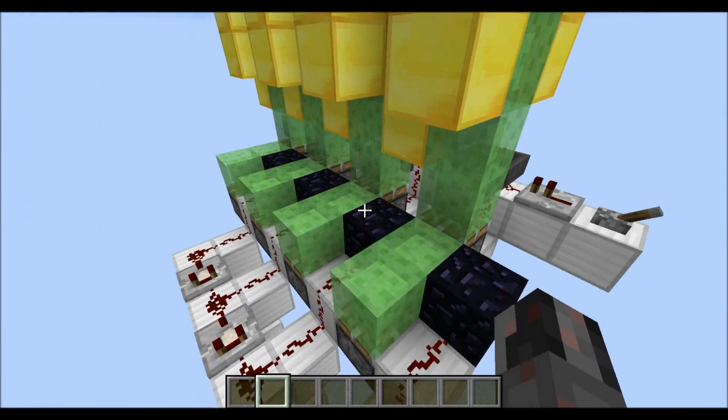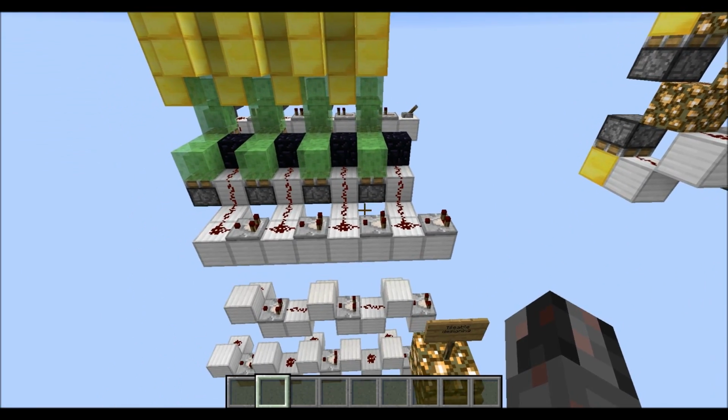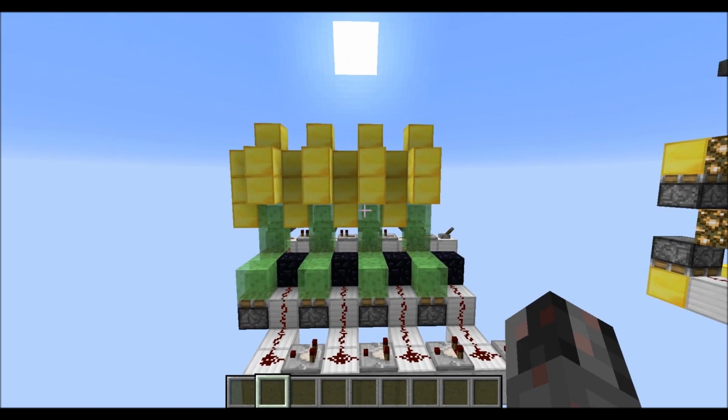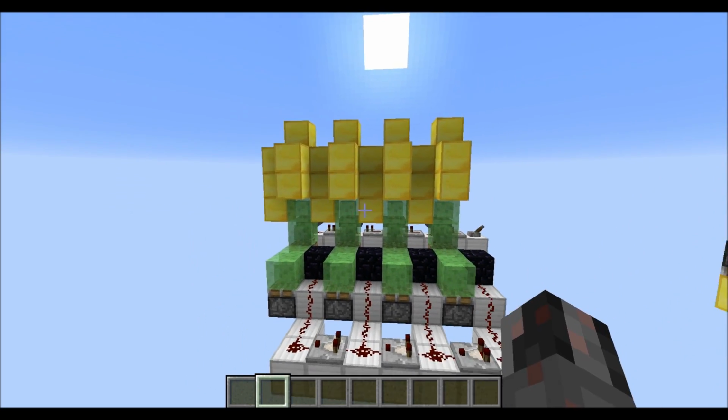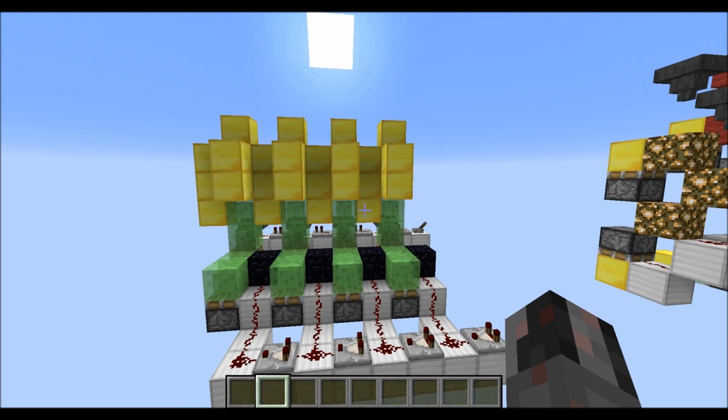Which means that if you build several of those designs next to each other with a 1 tick delay, they don't interact with each other wherever they share blocks.